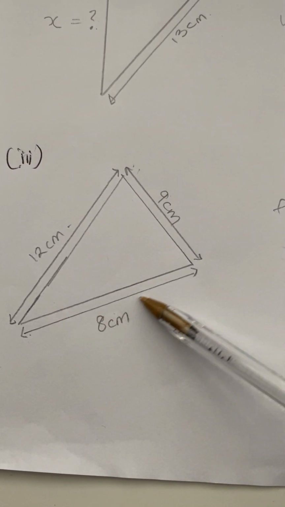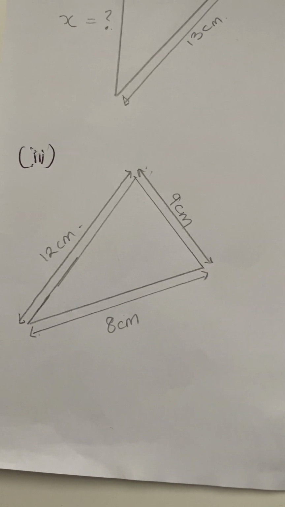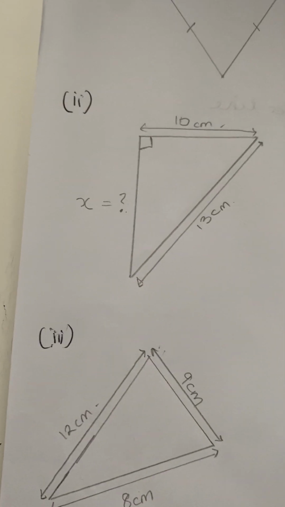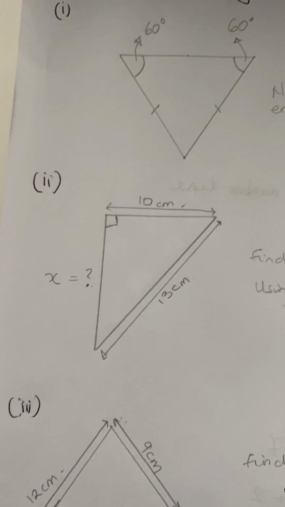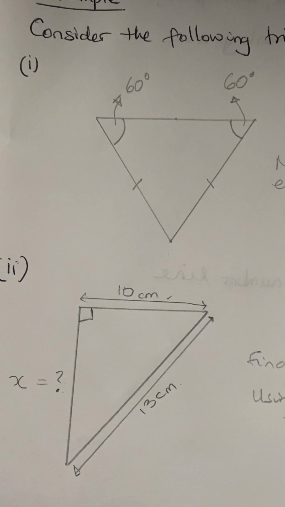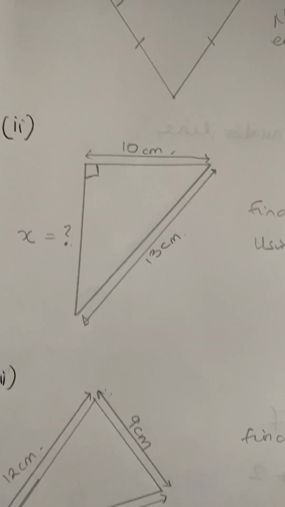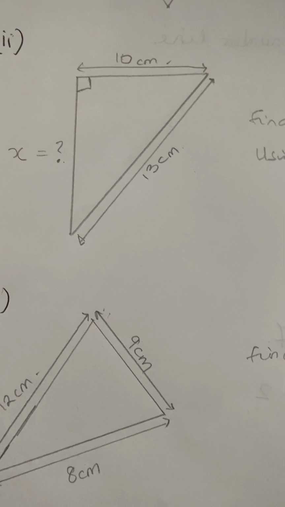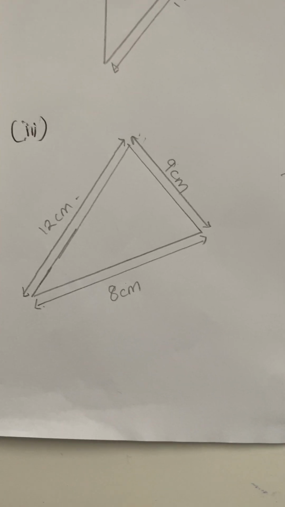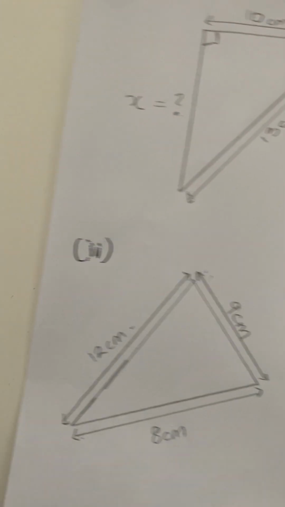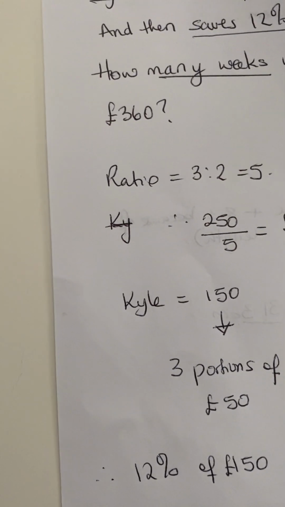And that is 8 centimeters. So they've given you 3 triangles. I'll pause for you to have a look. I had to redraw it, but my diagram is not to scale, or it wasn't drawn accurately.